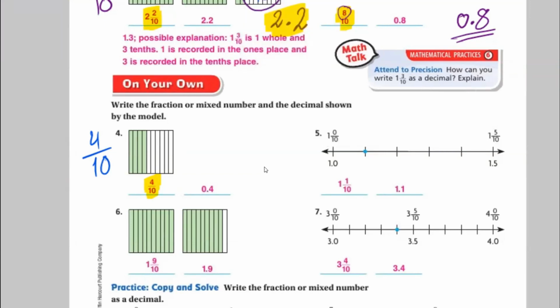No, you have to put the decimal point first, and then we don't have any whole number, so we're gonna put 0. And then the numerator is 4, so we're gonna write 4 here. So that's our answer. Thank you so much, Mahdi.